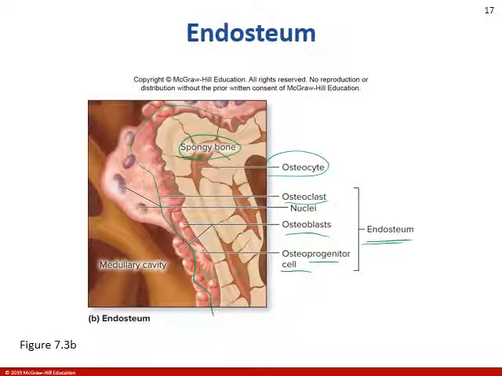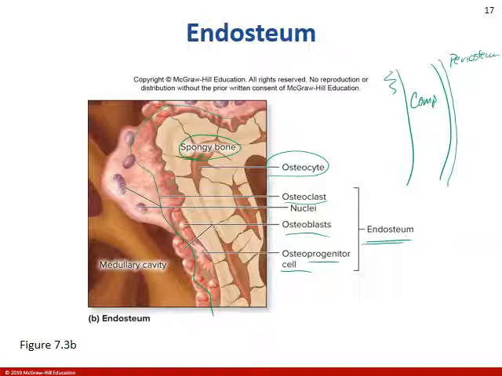So kind of putting in a mental picture here, if I had my compact bone, what is this lining on the outside? It is periosteum. And then I'm going to have spongy bone here, right? So spongy bone. And then what's inside? Here I'm going to have my medullary cavity.